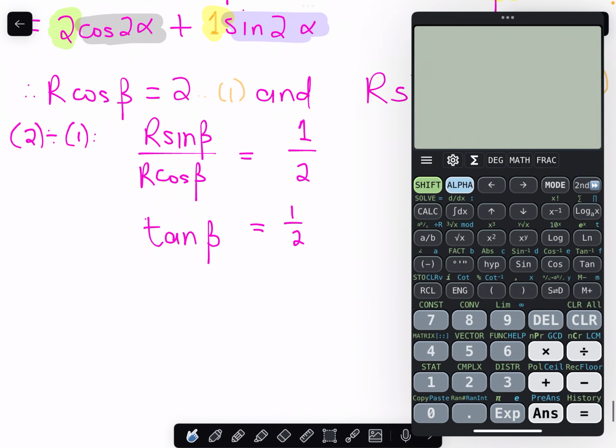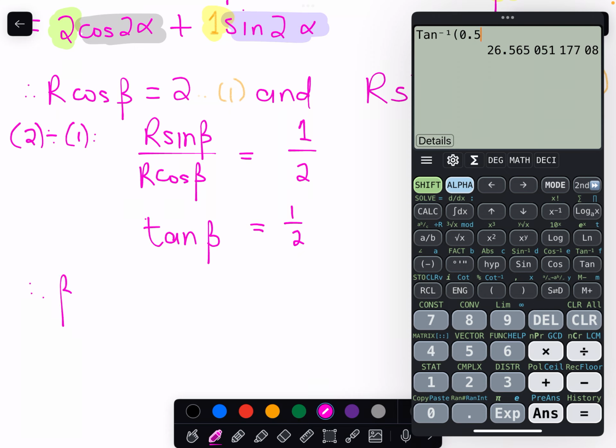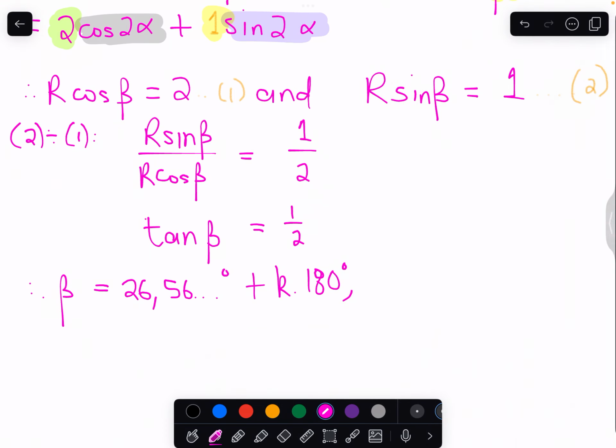That's first quadrant and third quadrant, so beta is 26,56 and so on, plus k times 180, where k is an element of the integers.